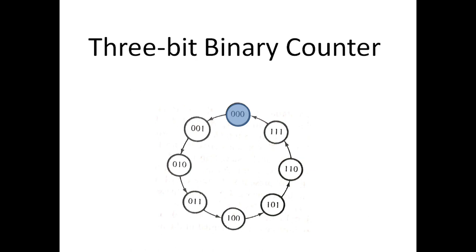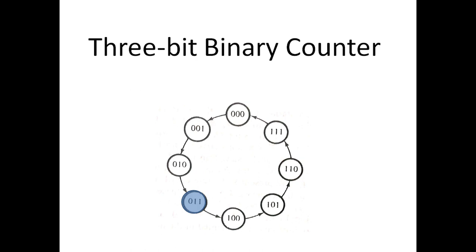The state 0,0,0 represents the decimal digit 0, and then the next state is 0,0,1, which is the digit 1, and then it counts to digit 2, which is represented in binary as 0,1,0. Then from 0,1,0, it moves to the next state, which is 0,1,1.